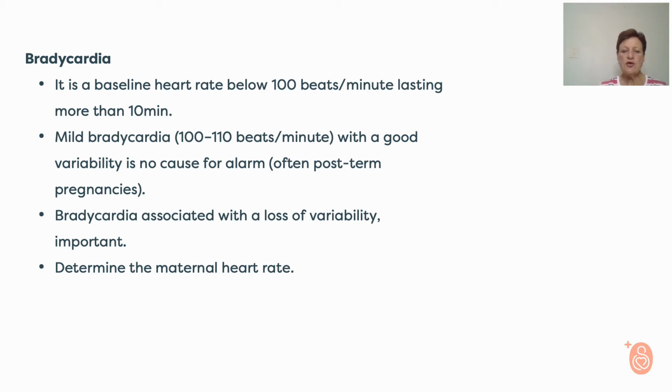And it's then quite normal for the maternal heart rate to be in the area of 110 beats per minute, which we also see is now the fetal heart rate when there's bradycardia. And that makes it so easy to confuse, and I will show you an example of that later on.